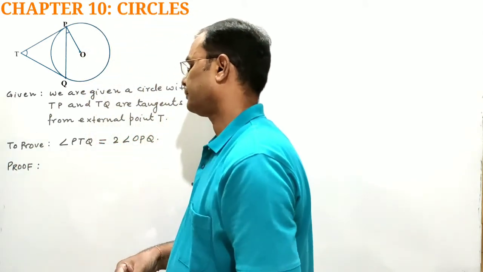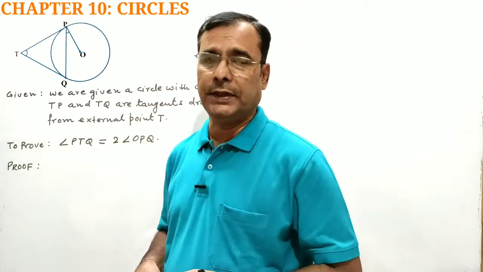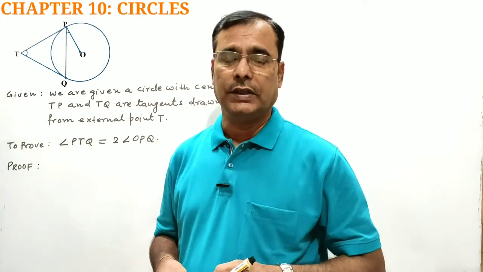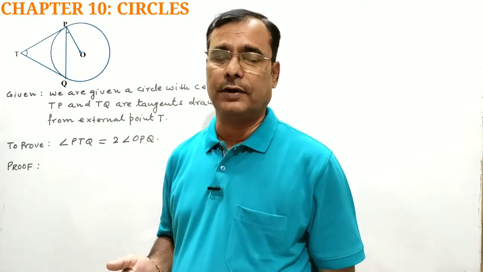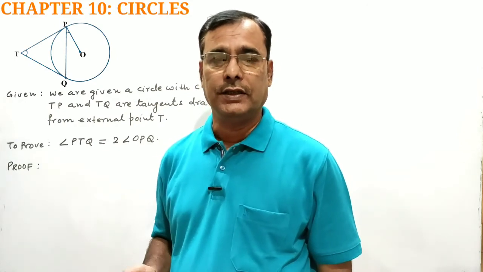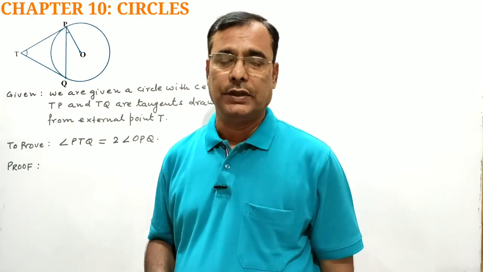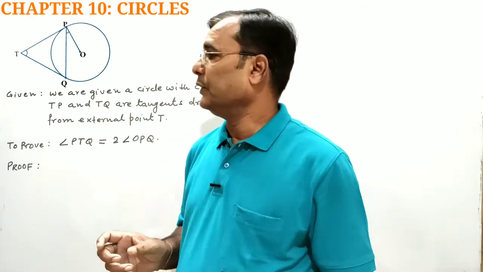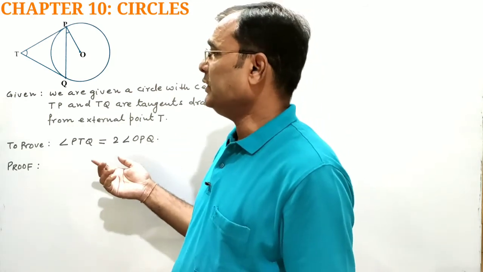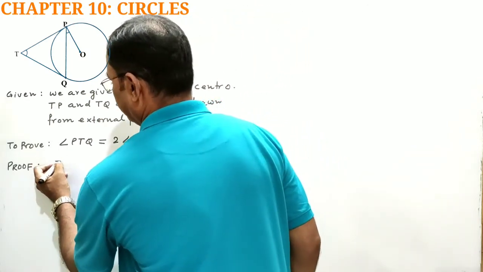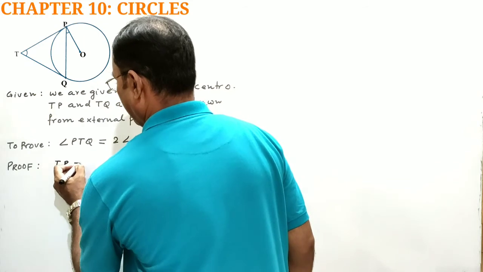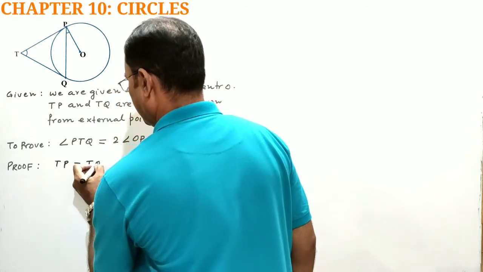Proof. As shown in the figure and given in the question also, that TP and TQ are two tangents drawn from external point T to the circle with center O. So therefore their lengths will be equal. So TP is equal to TQ.